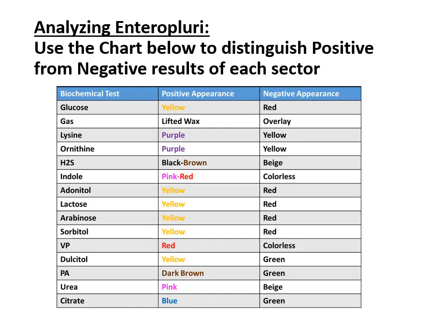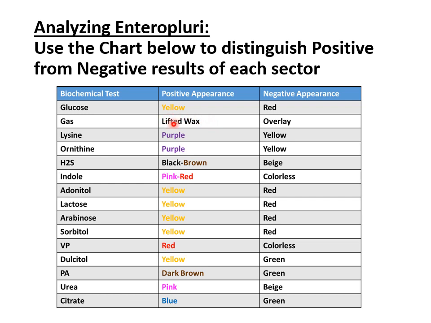Here I mapped out all 15 of the tests, and when you start off with an Enterotube, these are all the original colors, okay? If you see a change in color, you then have a positive result for that test. So for instance, if your glucose section, which started out as red, is suddenly yellow, you would mark that as being positive for glucose.